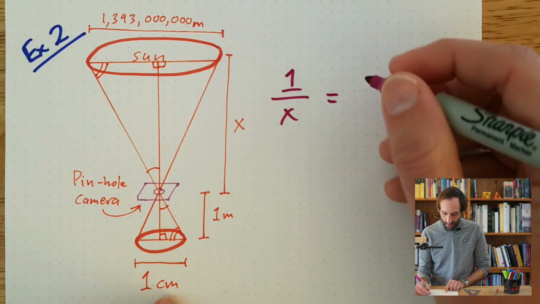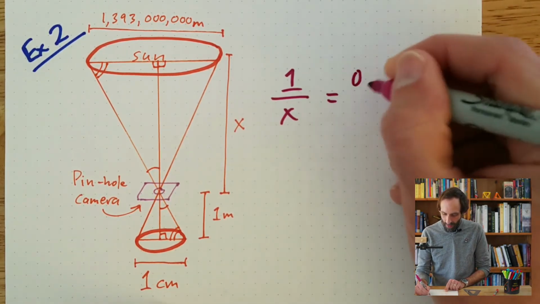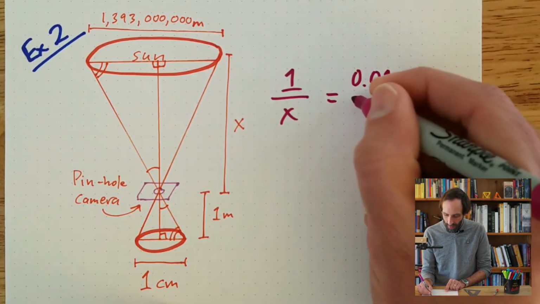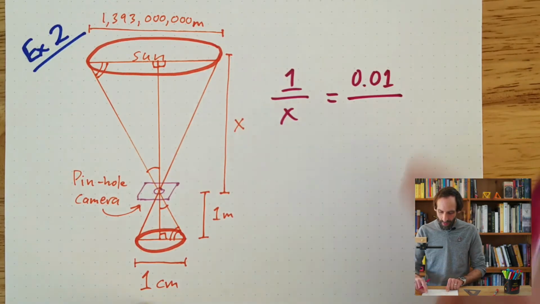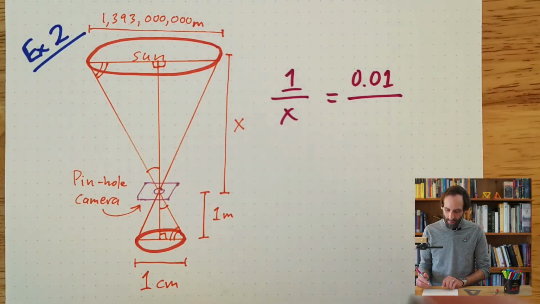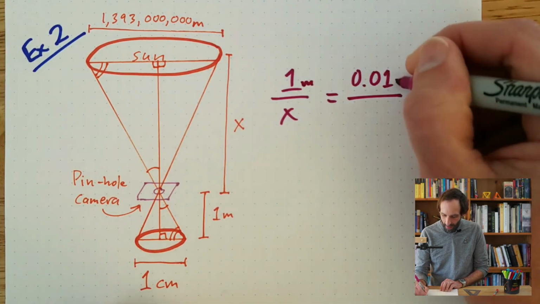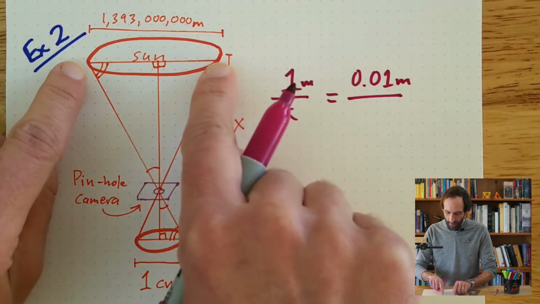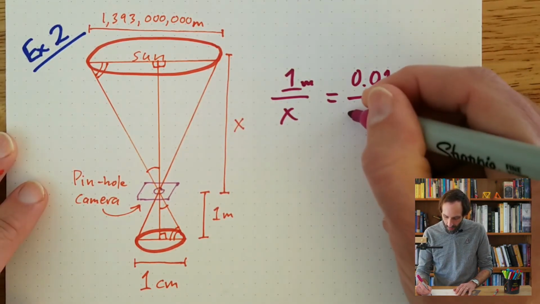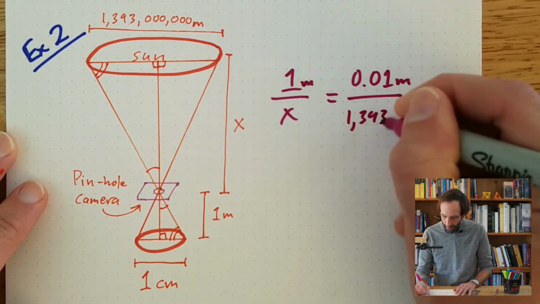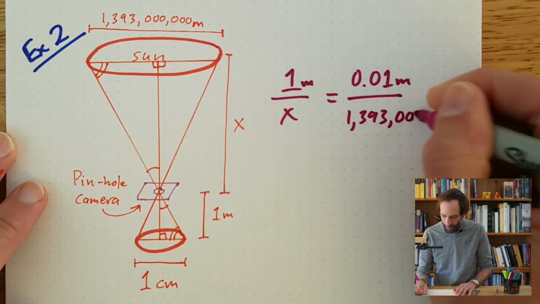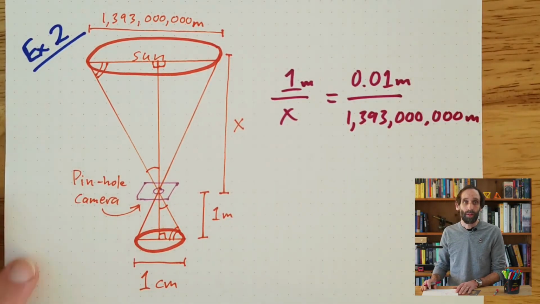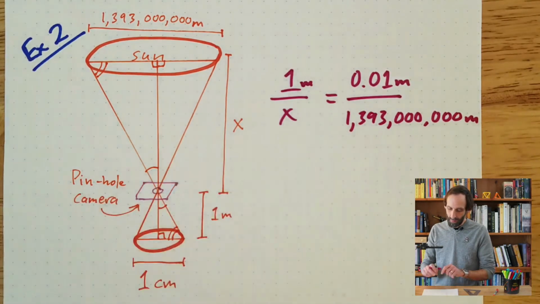So I can just go ahead and say 1 centimeter, which is 0.01 meters. So it's important to make that conversion, otherwise our number is going to be way off. So 1 centimeter becomes 0.01 meters. Maybe I should just put m here to indicate that these are meters. And then I have this length here, which hopefully I can fit on here. 1,393,000,000. This is where scientific notation comes in handy, right?